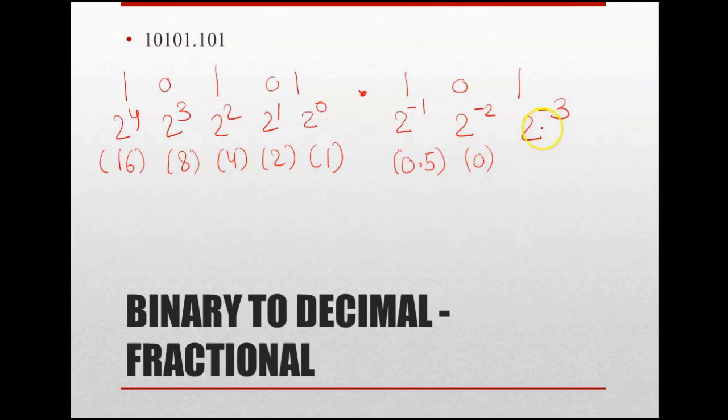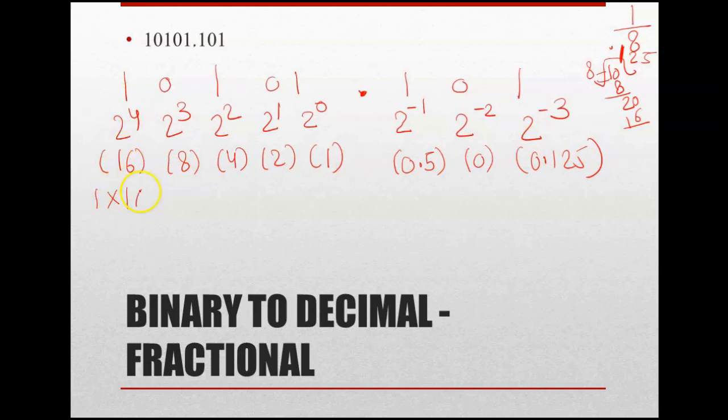Then 2 to the power minus 3 is 1 by 8, and when you divide, it is 0.125.